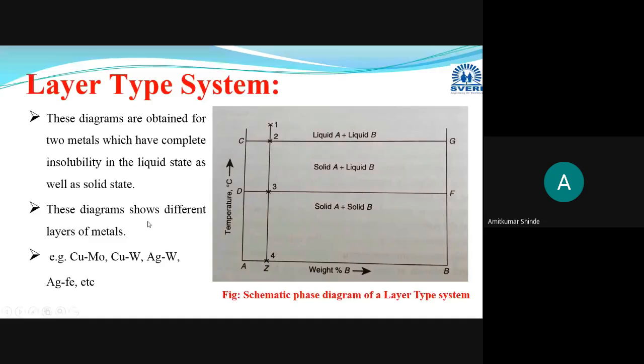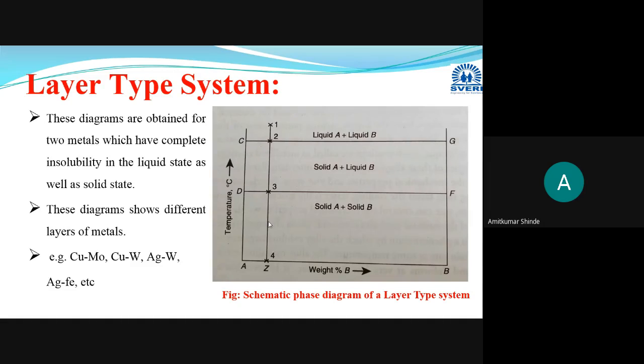Now in this layer type system, as the name is given as layer, whenever you observe the microstructure of that particular alloy, you will be able to find different layers according to the density of that particular metal. The denser metal will be present at the bottom. Like this, you will see the layers of different metals.